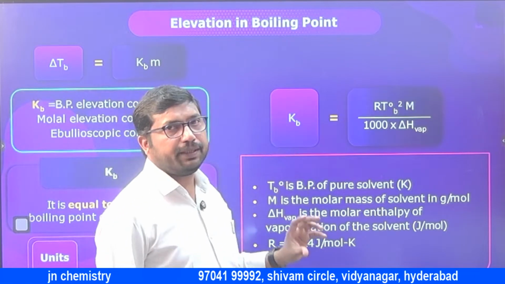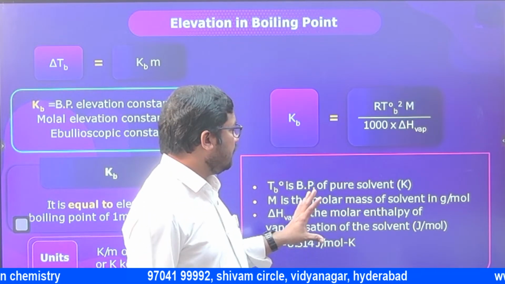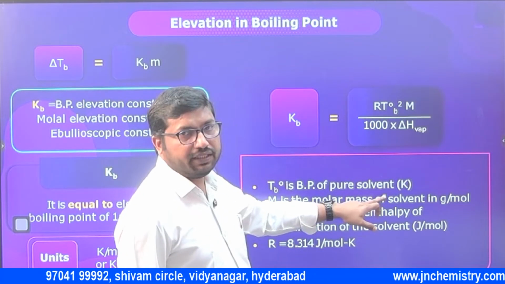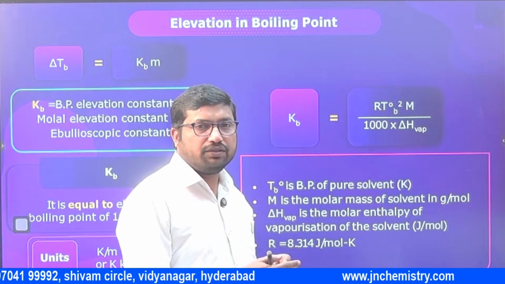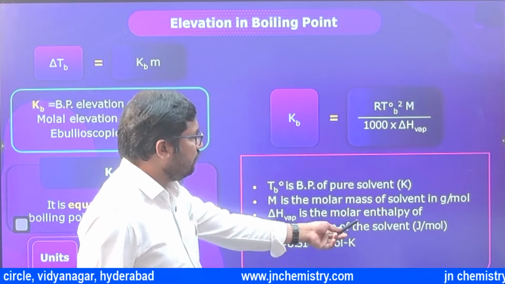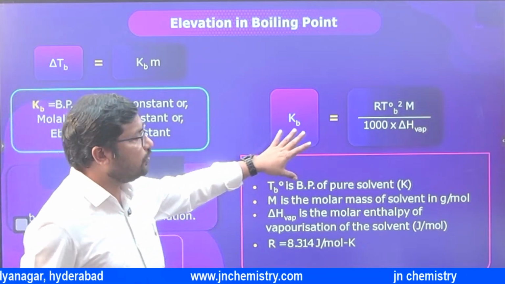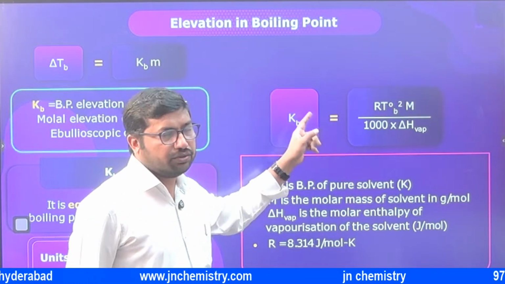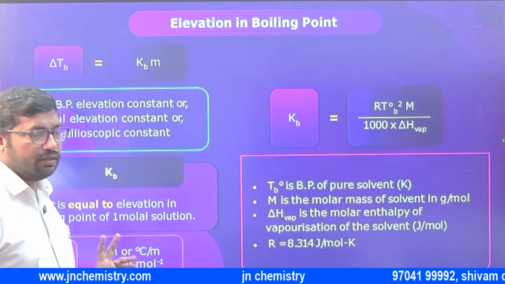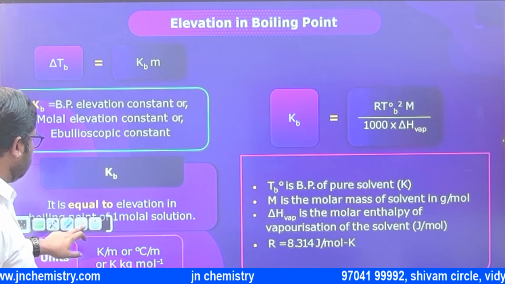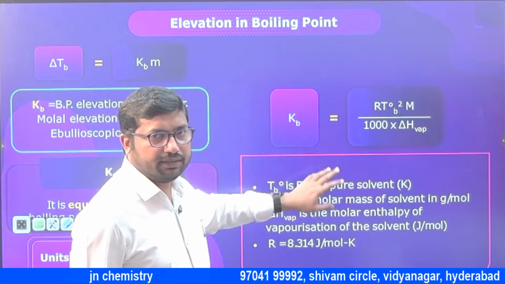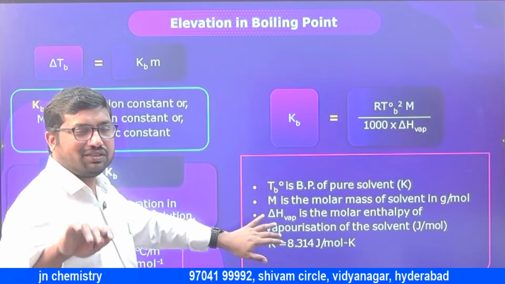This Kb purely depends on the solvent: the boiling point of the pure solvent and the molar mass of the solvent. The Kb value comes from the heat of vaporization of the solvent, derived from thermodynamics, and it's a constant. So they will give the constant value and we need not calculate it. Got it? Sometimes it's needed, but majorly in numericals they are not asking.